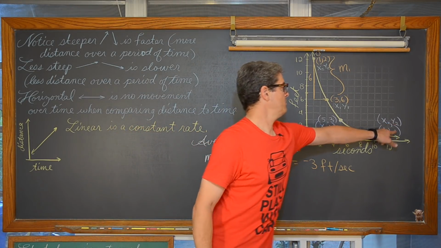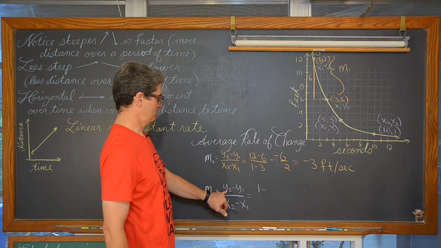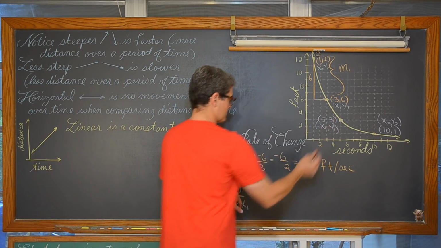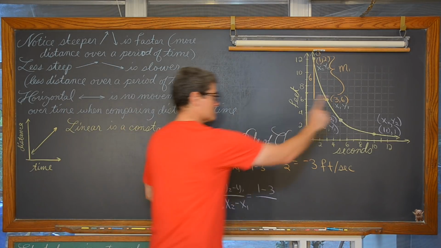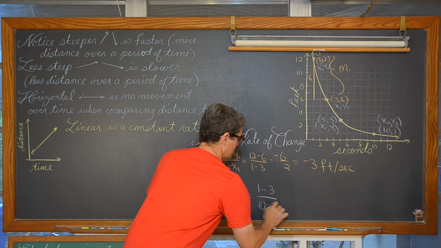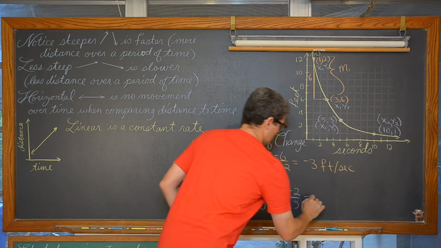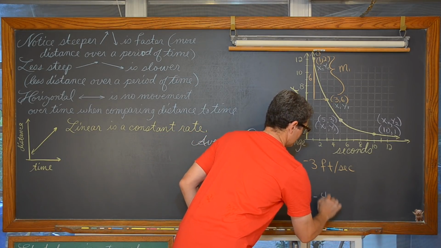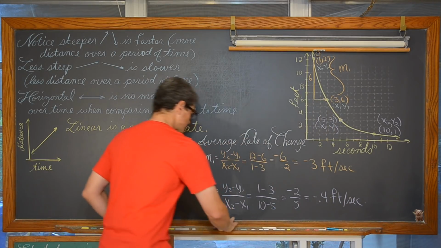So y sub 2, which I've labeled as 1, minus y sub 1, which we've labeled as 3, over x sub 2, which is labeled as 10, minus x sub 1, which we've labeled as 5. That's negative 2 over 5, or negative 0.4 feet per second.